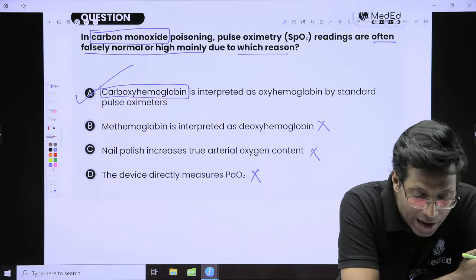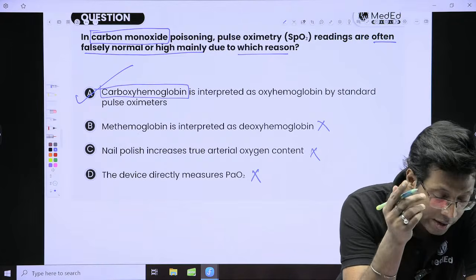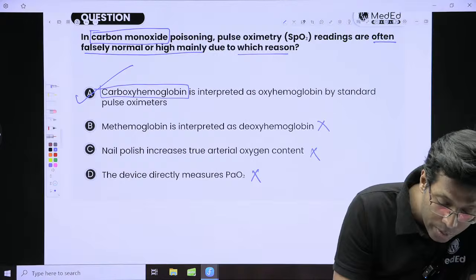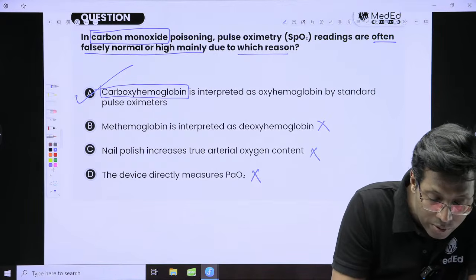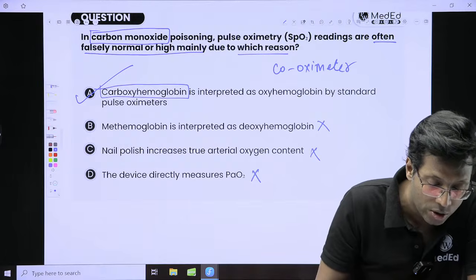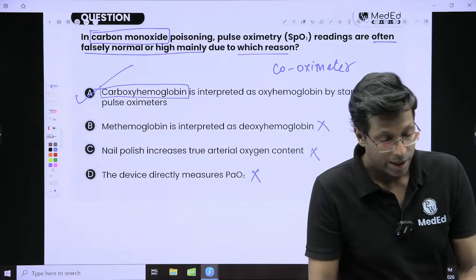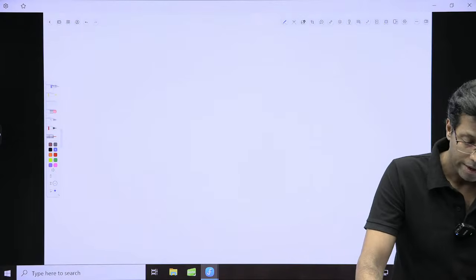Carboxyhemoglobin is interpreted as oxyhemoglobin by standard pulse oximeters, and that is why you get a falsely high reading. Therefore, we should not be using a standard pulse oximeter, but we use something called a co-oximeter to measure this. Not pulse oximeter, but co-oximeter. Clear? Easy. Next.